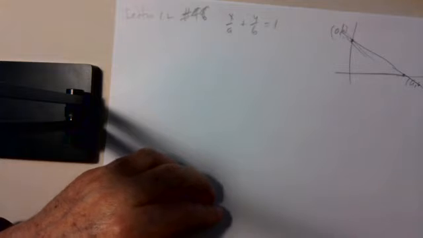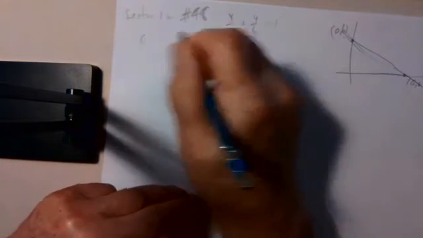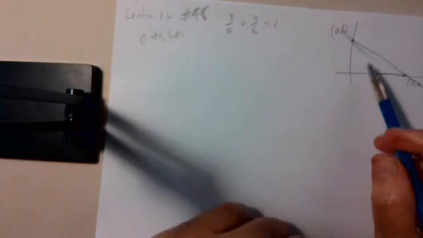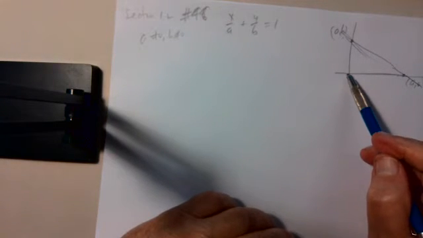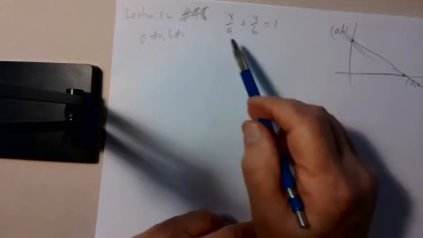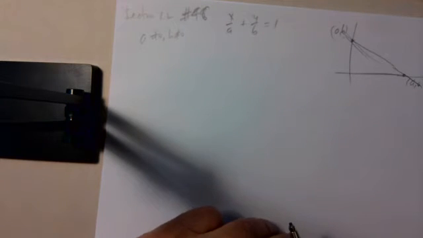At least in the case when you can't divide by 0, A is not 0 and B is not 0. So the line doesn't go through the origin, but it crosses the x-axis at A and the y-axis at B, and that's the equation.